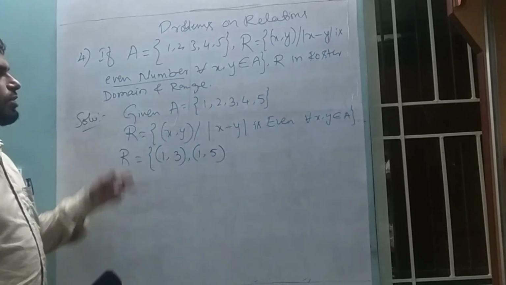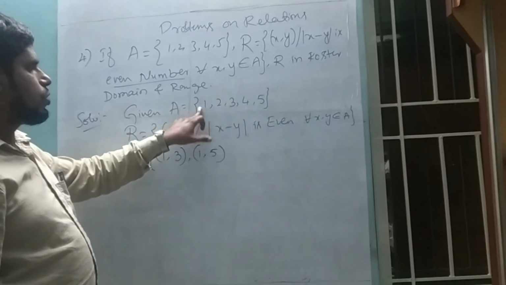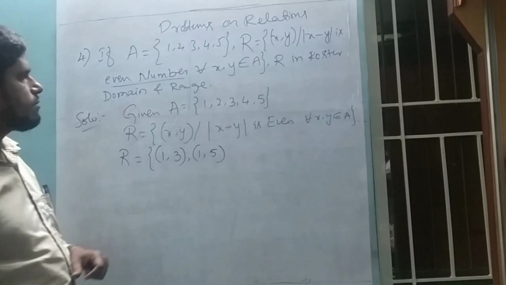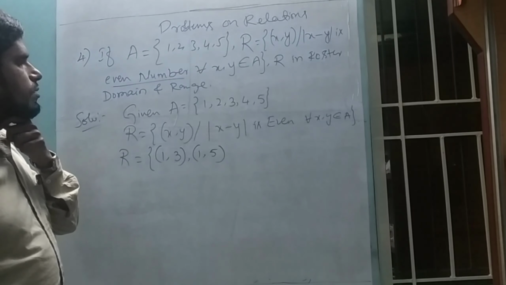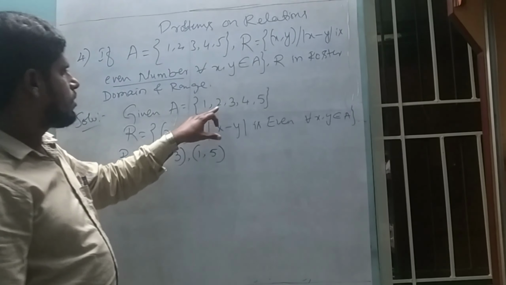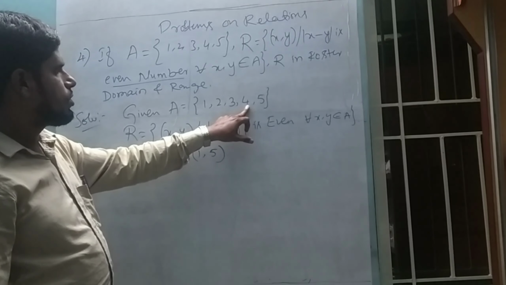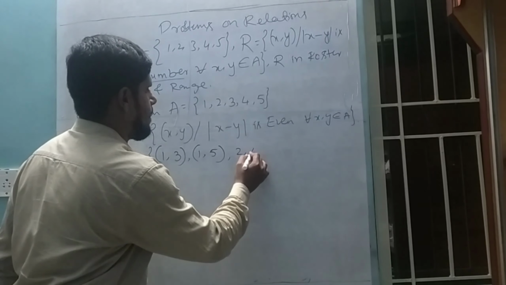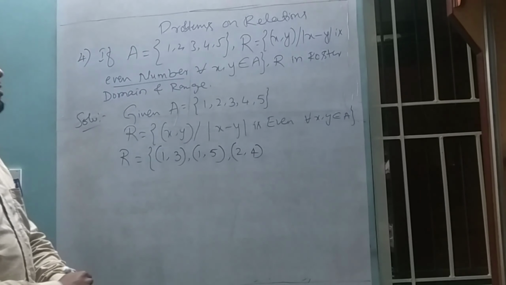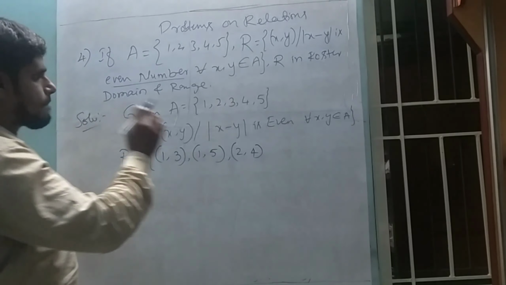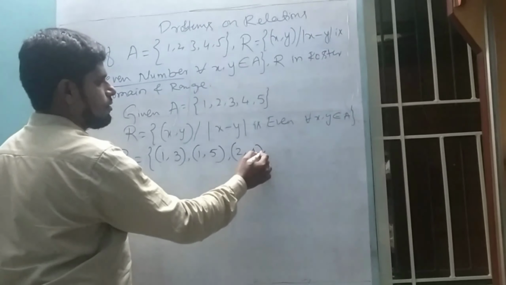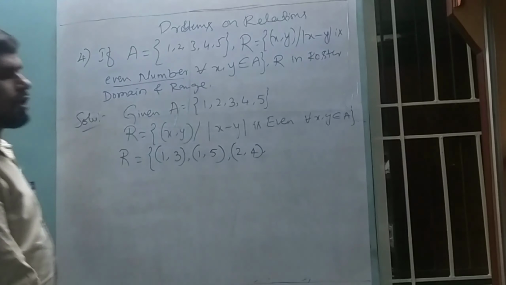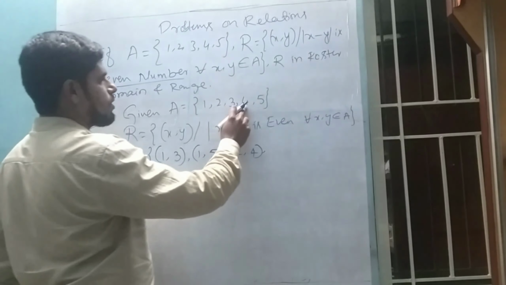Next comes to the second element 2. 2 1 is not possible. 2 3 is not possible. Then 2 4, yes, possible. Next 2 5 not possible. Only 2 4 is possible here.